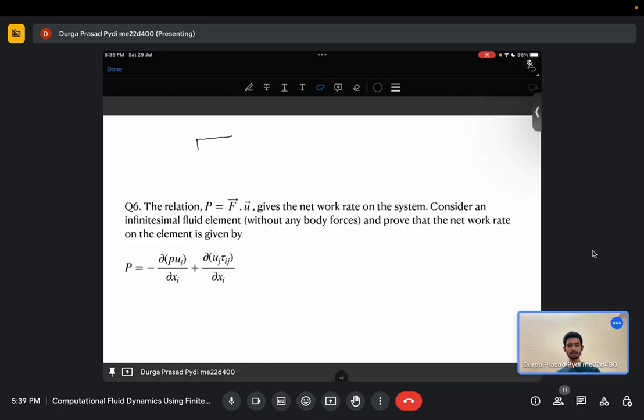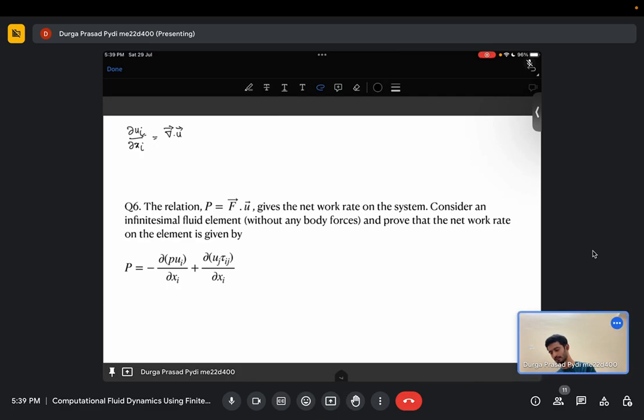I hope everyone is conversant with the tensor notation, or maybe I should give a brief of what tensor notation is. If I write something like ∂ui/∂xi, this is essentially the divergence of u.